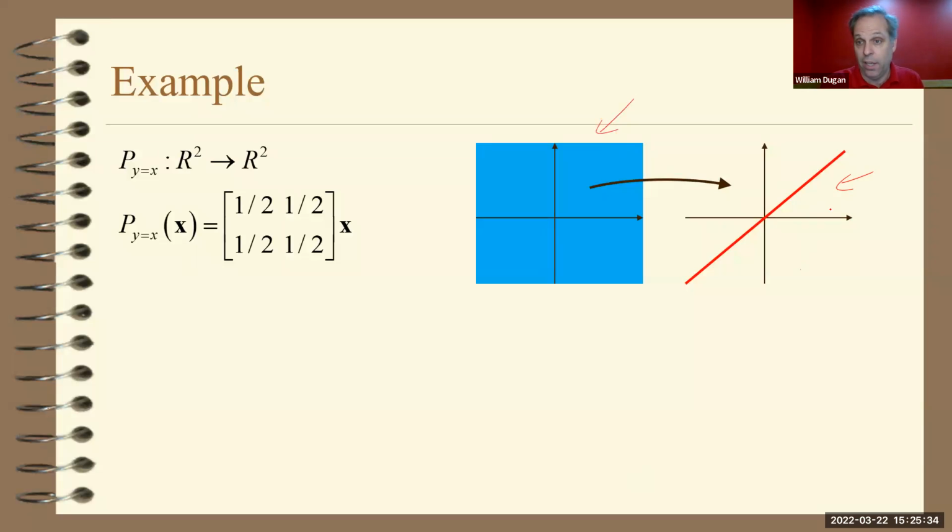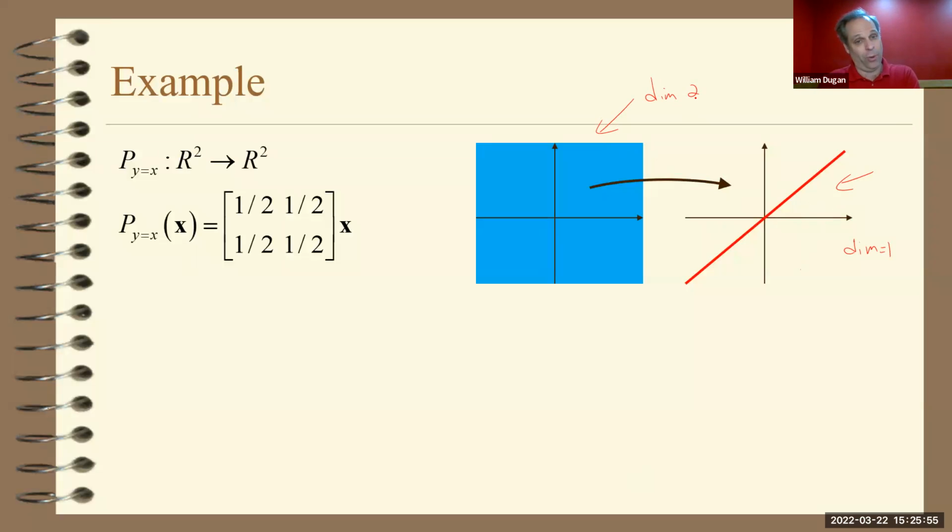The dimension here is 1, while the dimension here is 2. So the dimension of the image of the mapping is no more than the dimension of the original space.